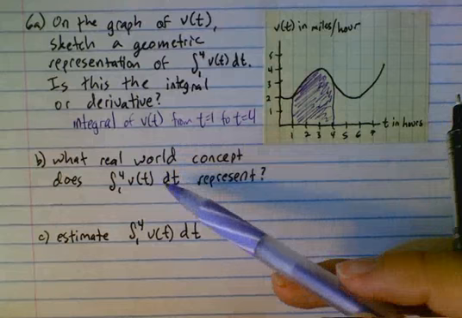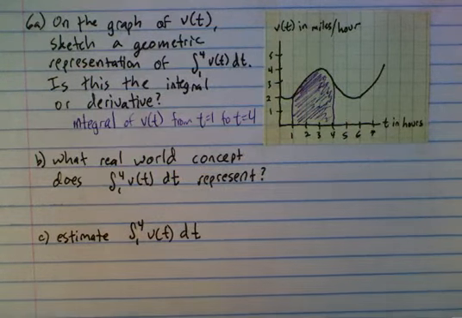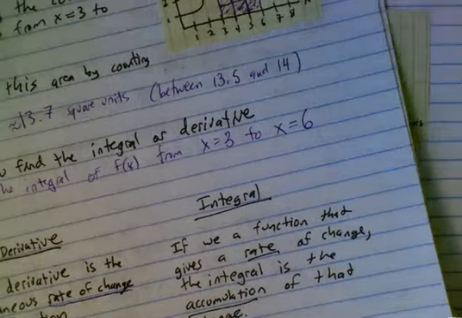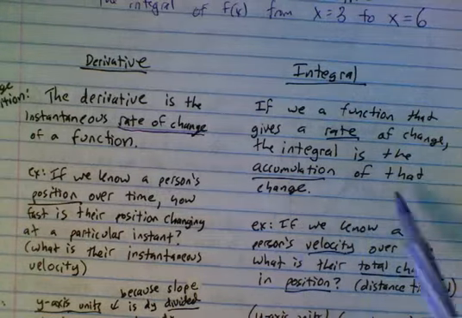So what real-world concept does this represent? Well, when we looked at our real-world explanations, we're given a function that involves a rate of change. So velocity is the rate of change of position. So the integral is the accumulation of that change.